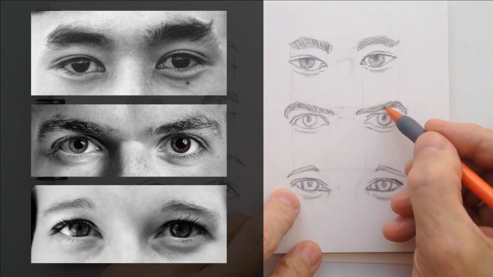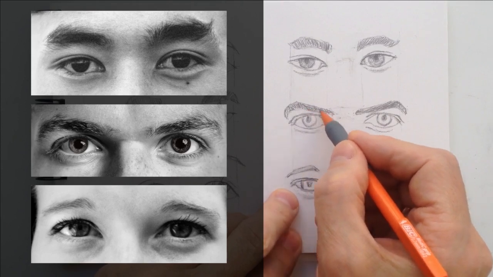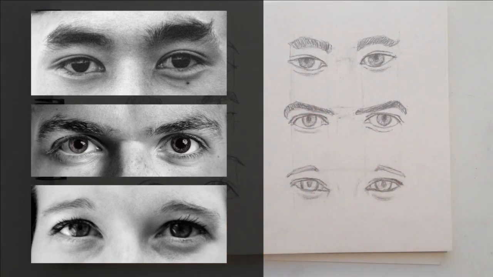They are very close to each other and set low, going upwards from the middle. After the arch, they bend down almost to the outer corners of the eyes. Due to the low position of the eyebrows, the look of these eyes seems glowering.